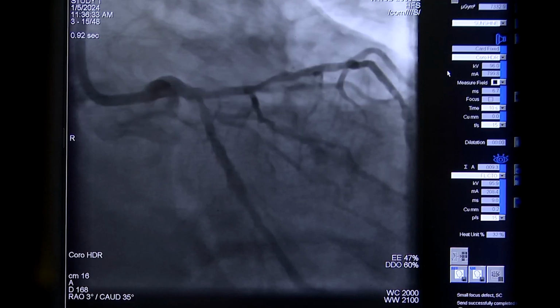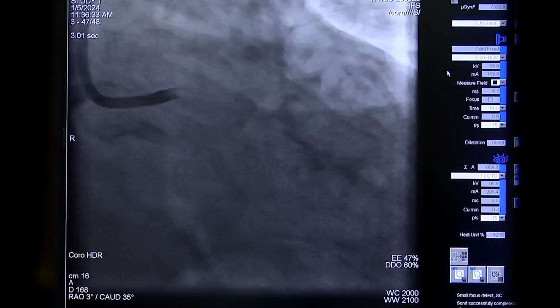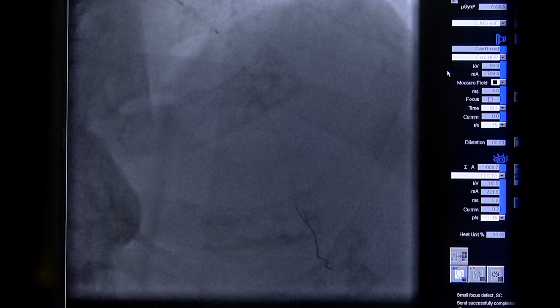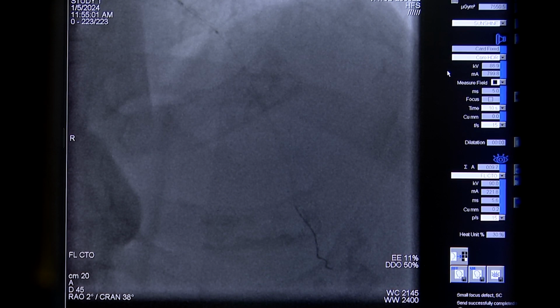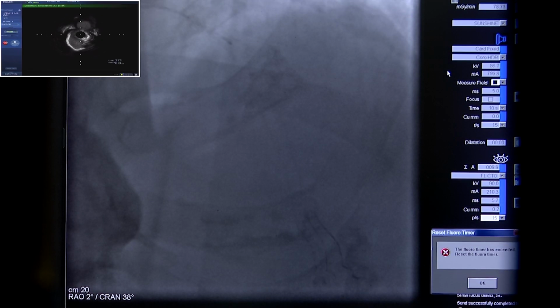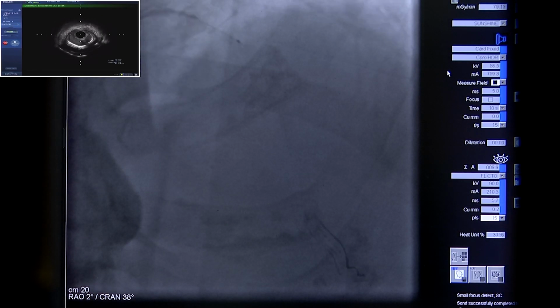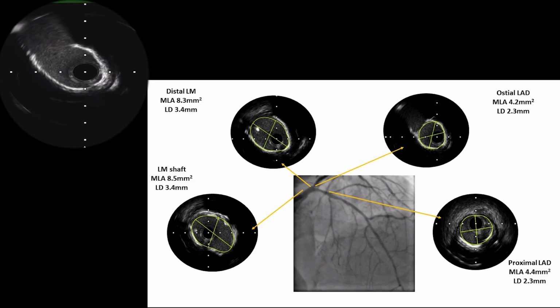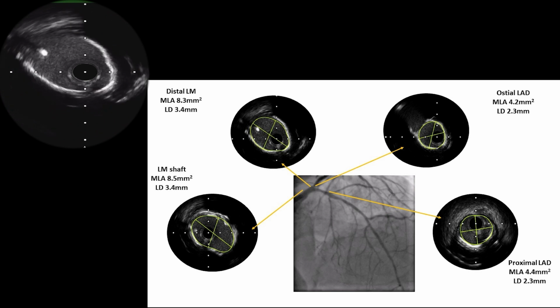Now we will acquire the IVUS study of the LAD. See, this is an uncrossable lesion only. So we are unable to cross that mid LAD lesion beyond that segment. You see there is severe calcium, almost 360 degrees, thick calcium. You see severe plaque burden, even LAD ostium also severely calcified, that is L6.